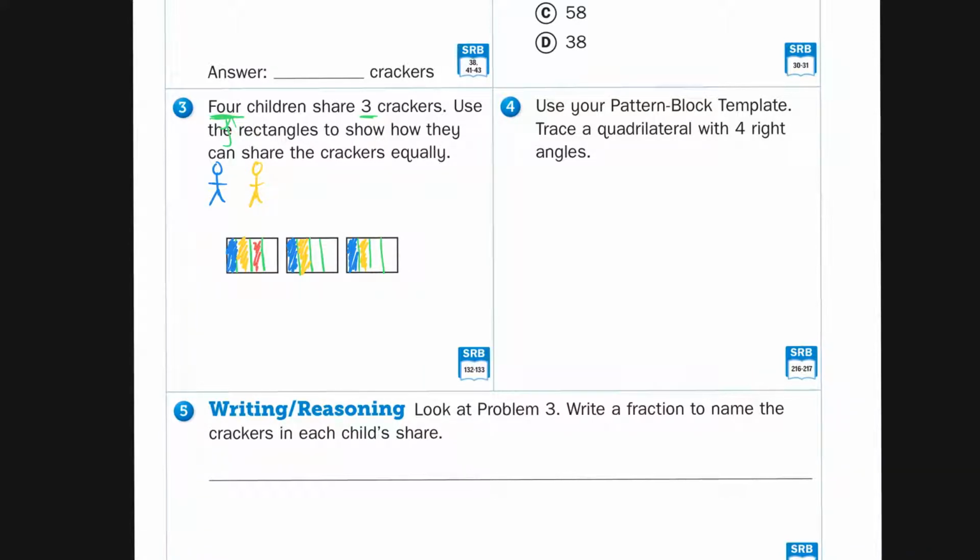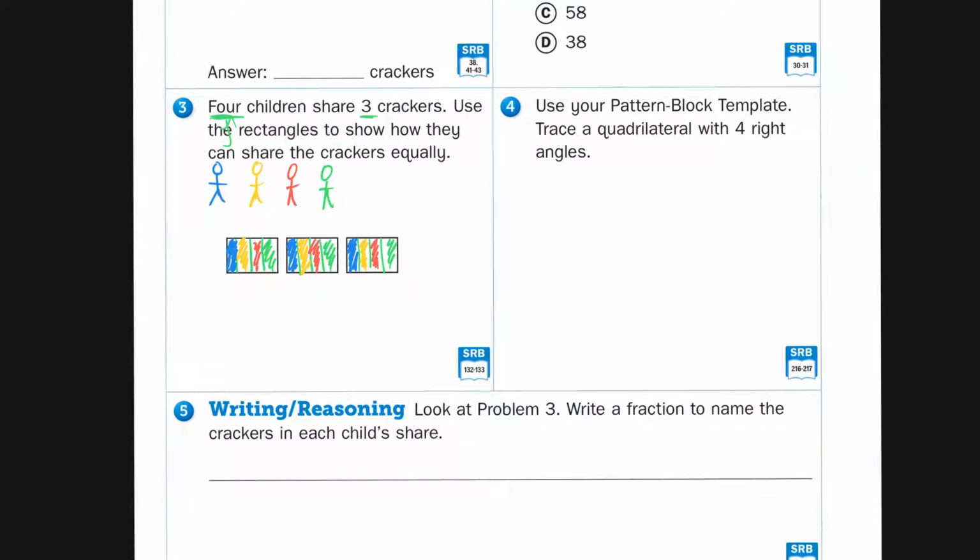This piece and this piece goes to our red friend. And finally, this piece and this piece goes to our friend in the green shirt. And that's one way that you can share the crackers equally.